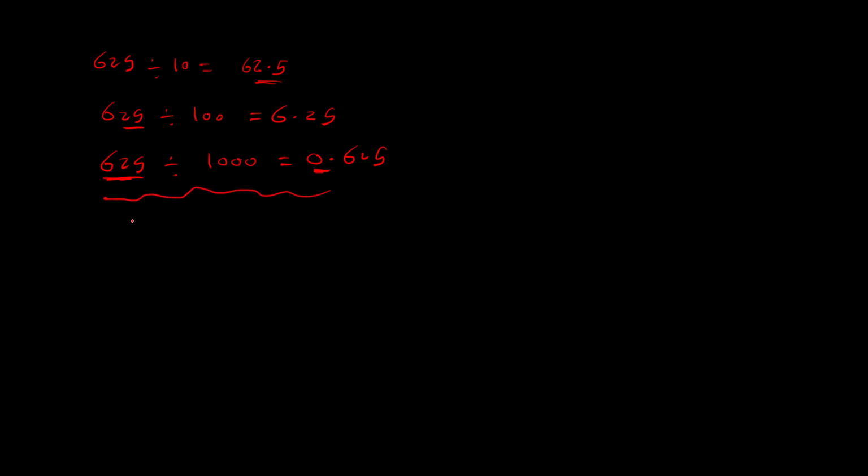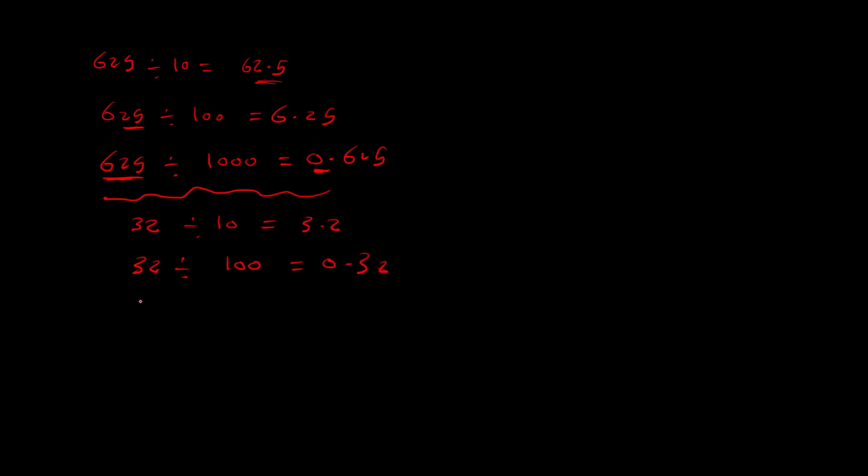But if we have a 2-digit number like 32 divided by 10, apply the same rule, so it will be 3.2. And 32 divided by 100 will be 0.32.